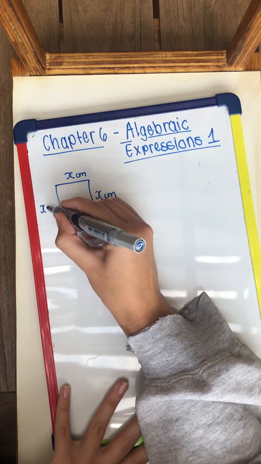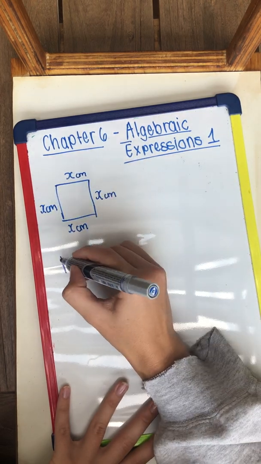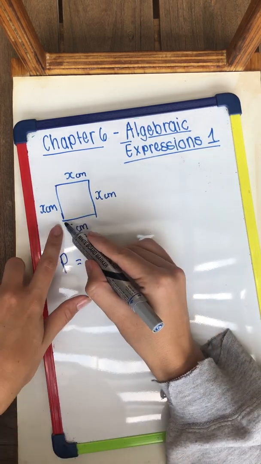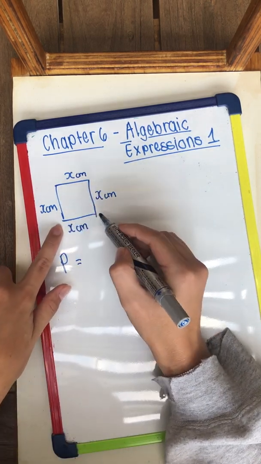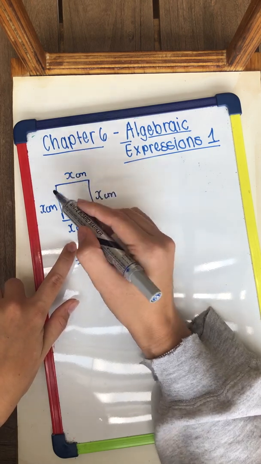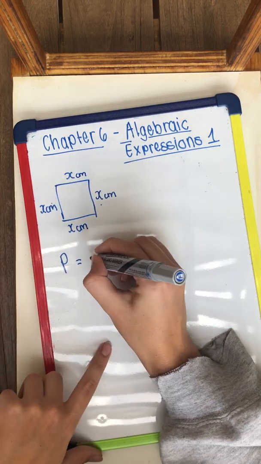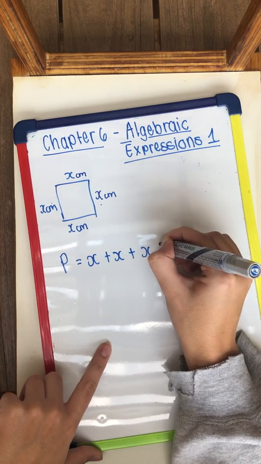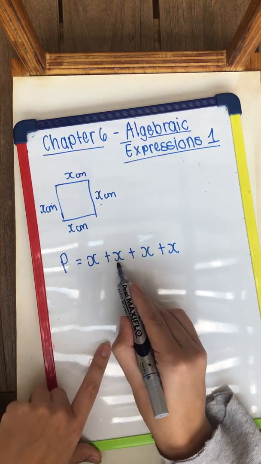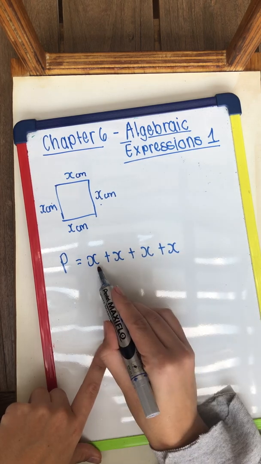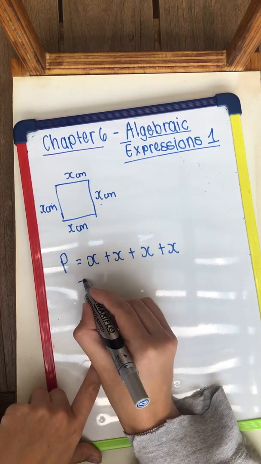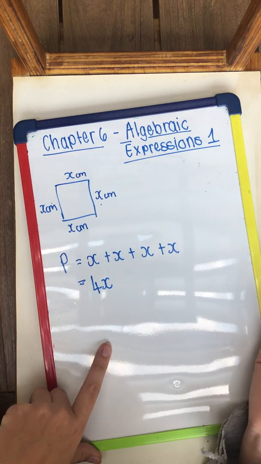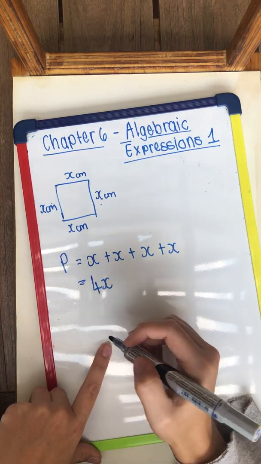If I ask what is the perimeter of this shape, the perimeter is the outside of it. So it will be X plus X plus X plus X. Now I've got X happening 4 times here, so the easiest way to represent this is 4 times X. So it's just 4X.